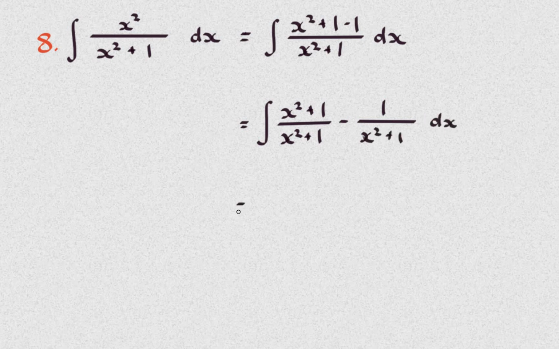Now the first just simplifies to become 1. And then we still have this guy. And now this becomes a lot more manageable, doesn't it? The integral of 1, well, that's just x. And here we actually have just our standard inverse tan answer.